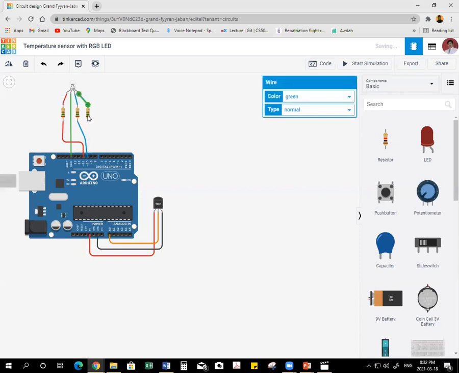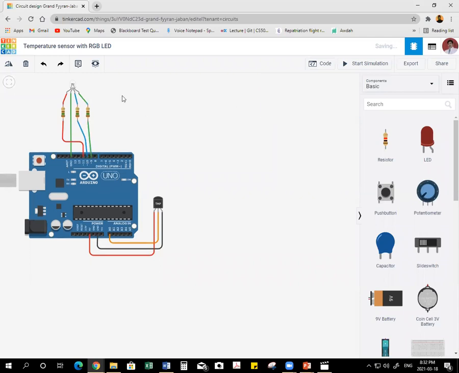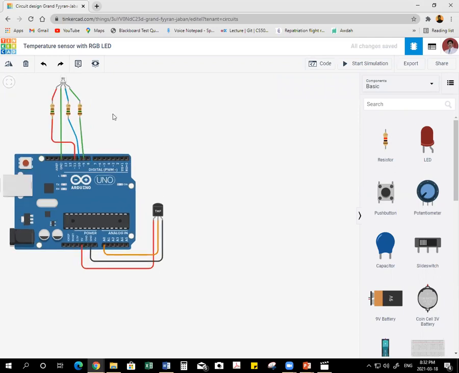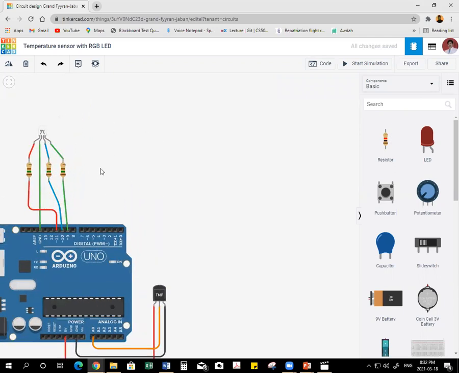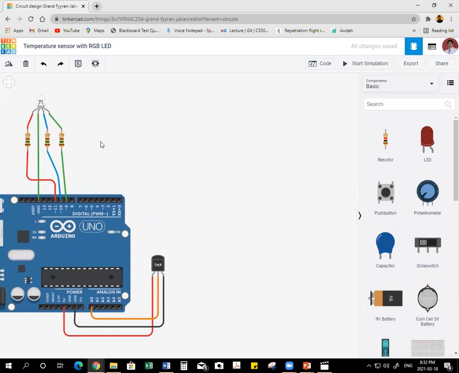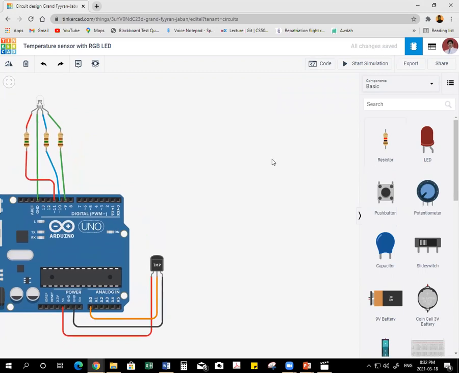Now next green. I will show I am using this one, temperature control. Okay, this is okay now. Now the connections are finished. Now coming to the code.